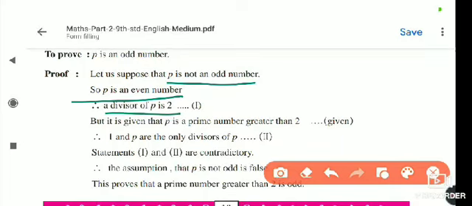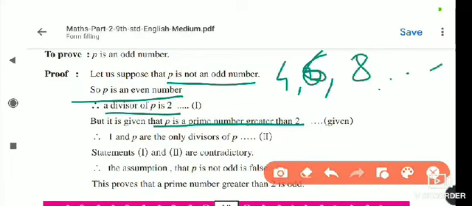Even numbers are divisible by 2, so a divisor of P is 2. But it is given that P is a prime number greater than 2, meaning P is greater than 2, and 1 and P are the only divisors.